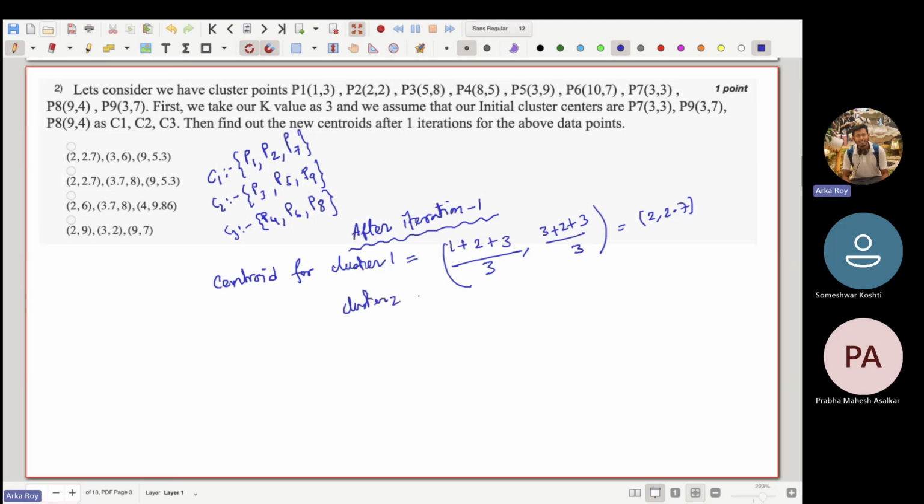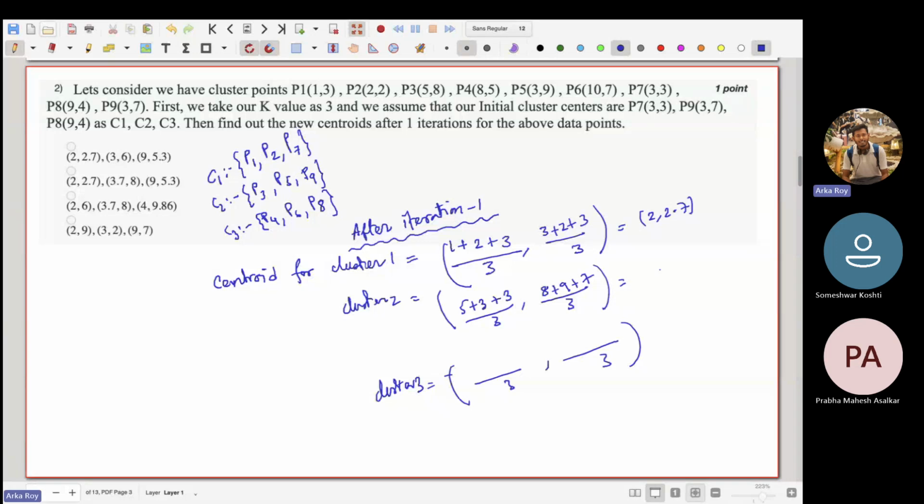For cluster 2, it is basically 5 plus 3 plus 3 divided by 3. Cluster 3. So here is 8 plus 9 plus 7.